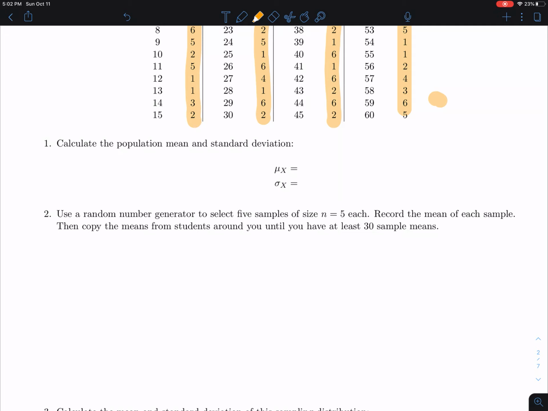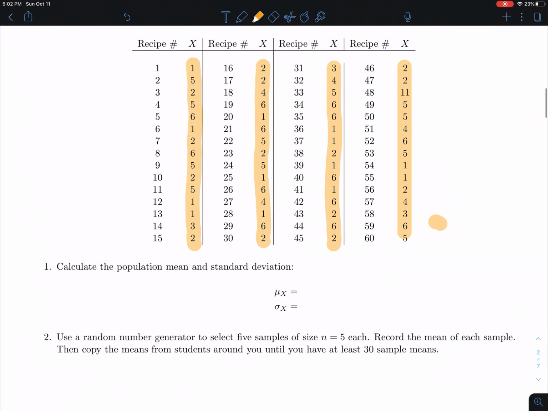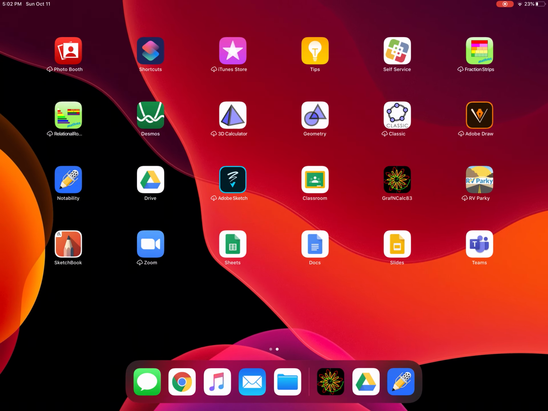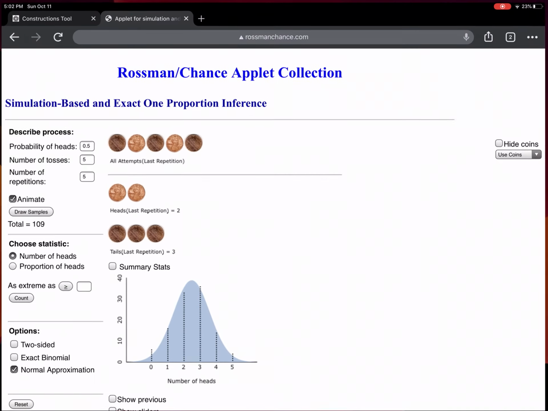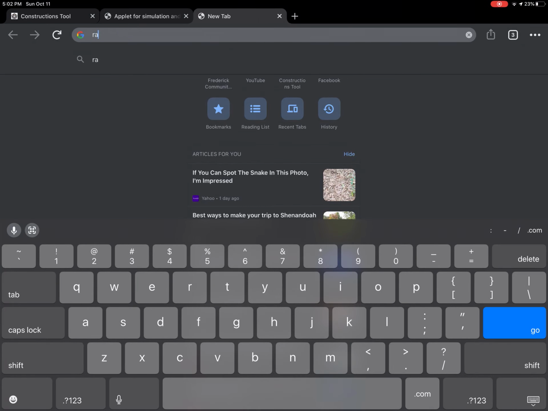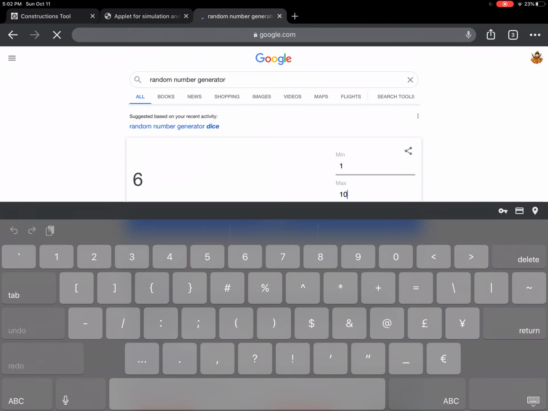And so what we're going to do is, for our random number generator, you can do this in Google. I'll show you how to do it. We're interested in numbers between 1 and 60. So if you do this through Google, you can just type in random number generator, and you just put in your max.